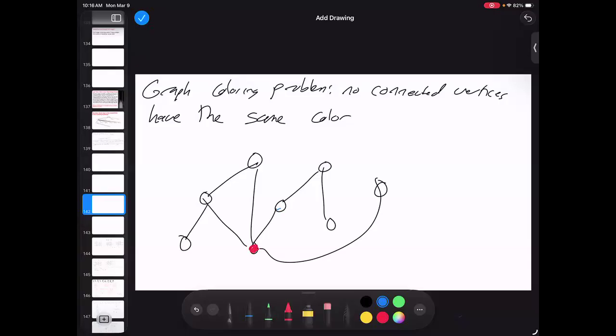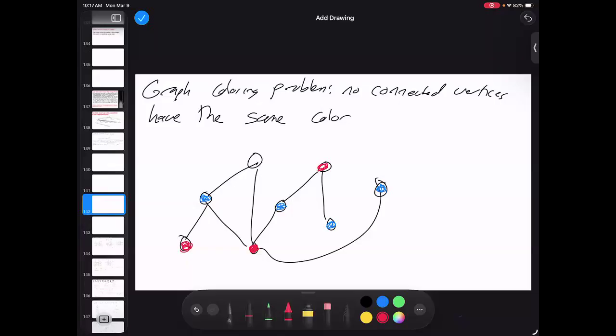Well, I could make these two here the same color because they don't have anything in common. I could make the one in the bottom red again. I could make this one blue as well because it doesn't interact with any of the other blues, doesn't interact with anything else. I could make this one red and I could make this one blue.